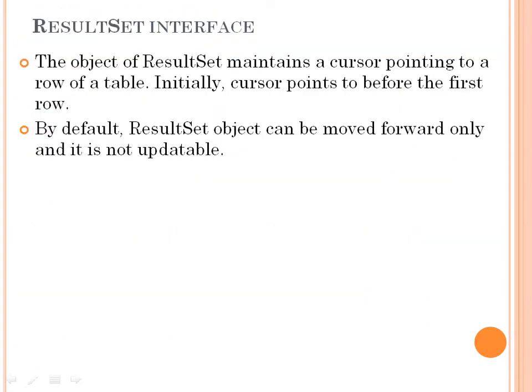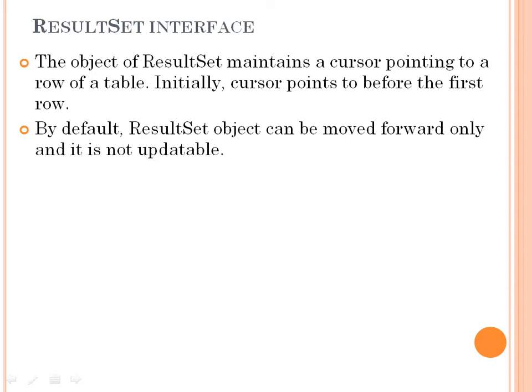The second one is the ResultSet interface. This interface maintains a cursor pointing to a row of the table. It means when we are inserting any type of record in our table, from the first record to the last record, it will move forward only. At that time we can use the ResultSet interface to fetch the records from our table.